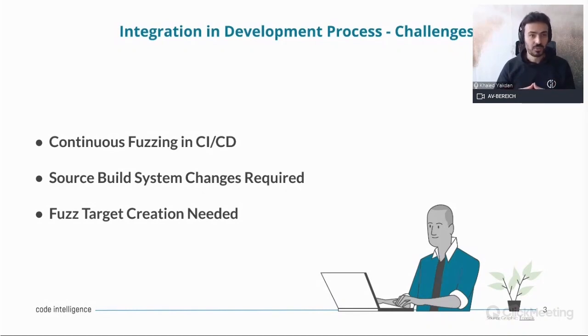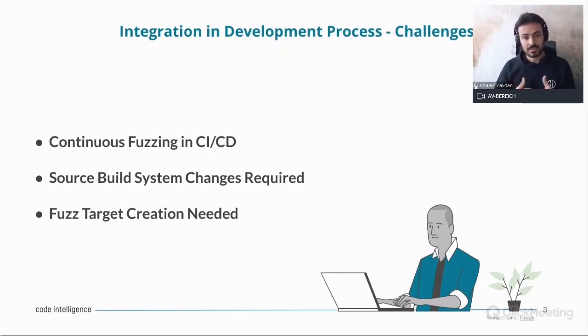In large projects, you partly have different build systems for different components. In some cases, you have the compiler hard-coded into the build script, which makes it less configurable. So you have to be aware of these options and changes that you need to make in order to have effective fuzzing.